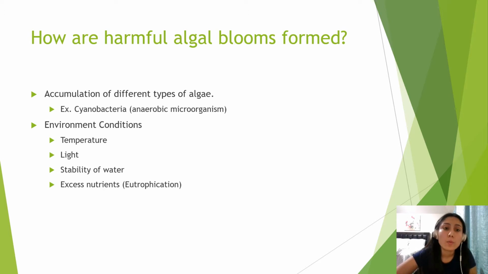And runoff is basically when, let's say, agricultural industries use fertilizers that cause the soil to have excess nutrients, and this soil runs off into a body of water, and the excess nutrients are now within the body of water.